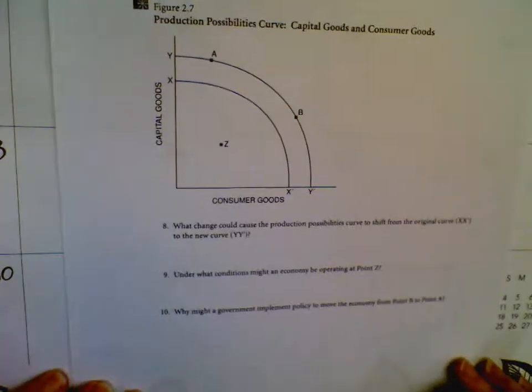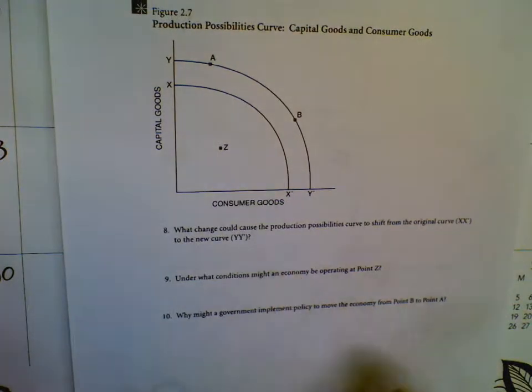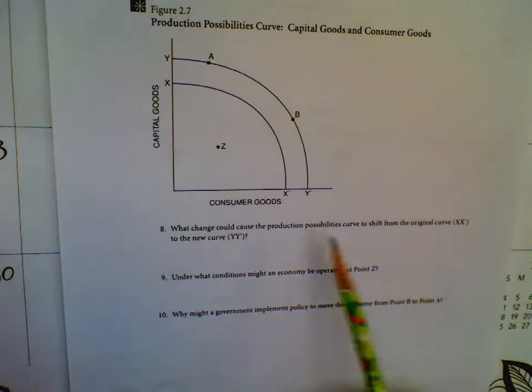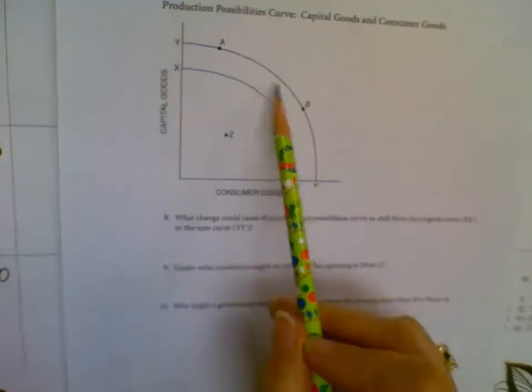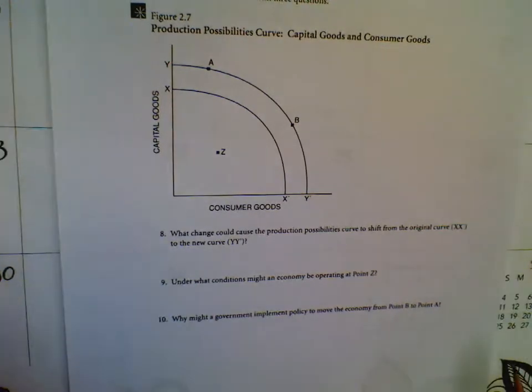And this is our last handout, and it's just reviewing basically what change could cause the production possibility curve to shift from XX to YY. And once again, we are going to shift the curve when we find new sources of or new resources and or increase our technology. This is where people get confused.